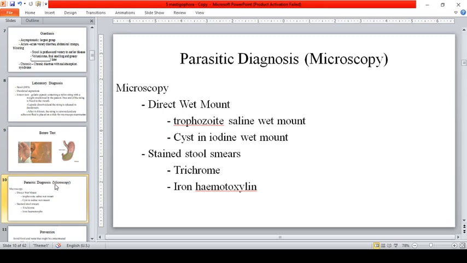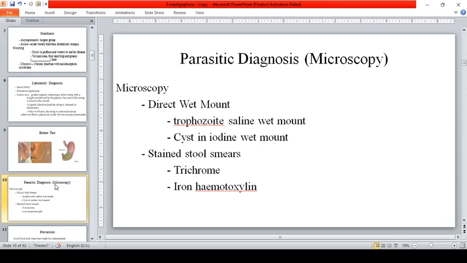Okay? So, microscopy: direct wet mount, trophozoites in saline wet mount. If you want to observe the motility, again, you have to do a direct wet mount. Bakit? Kasi hindi mo siya i-fix, and watery yung environment. So, you perform a saline wet mount.